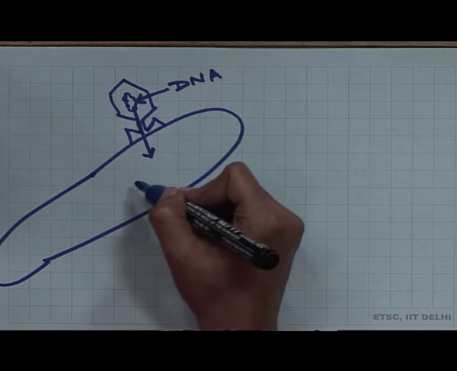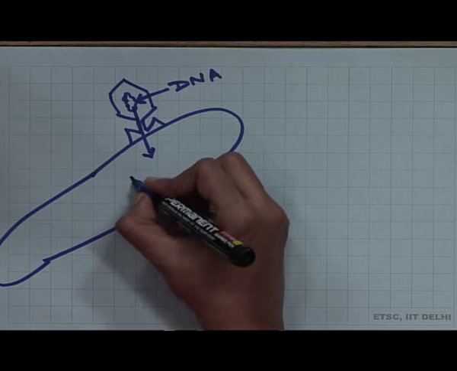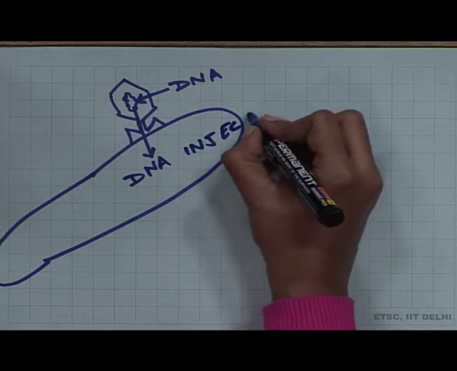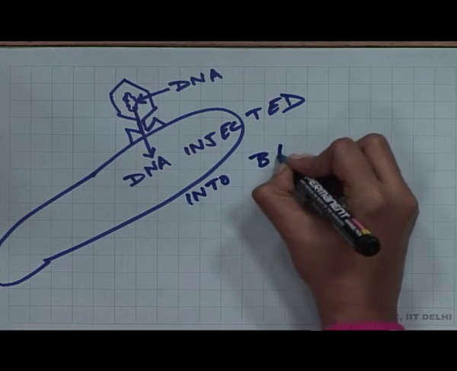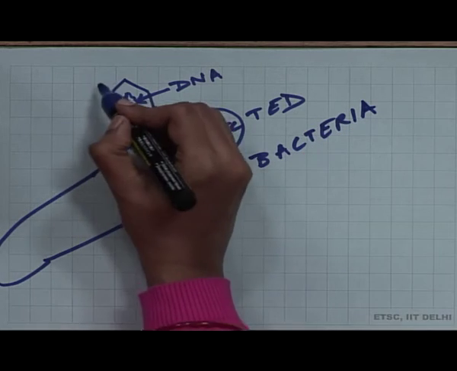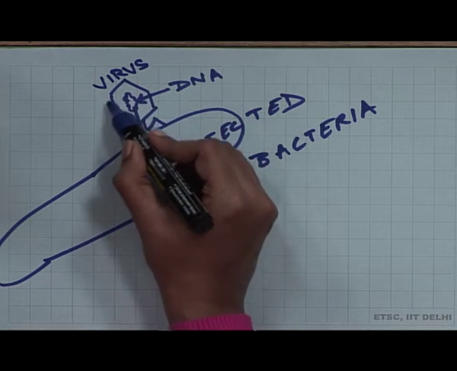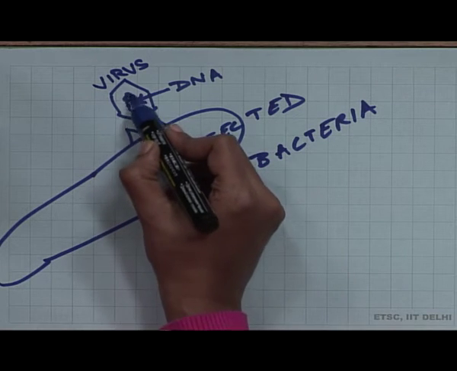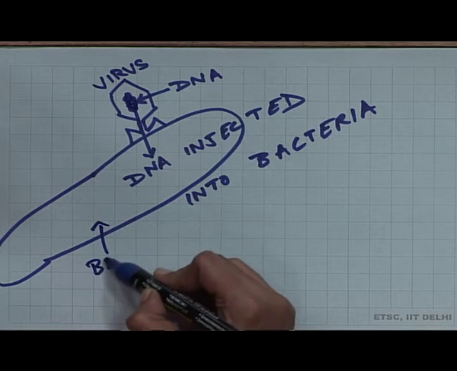So the DNA is injected into the bacteria. This is the virus, where the outer part of the virus is basically proteins and the inner core contains the DNA, and this is the bacteria.